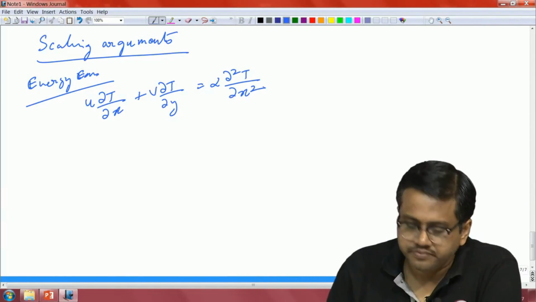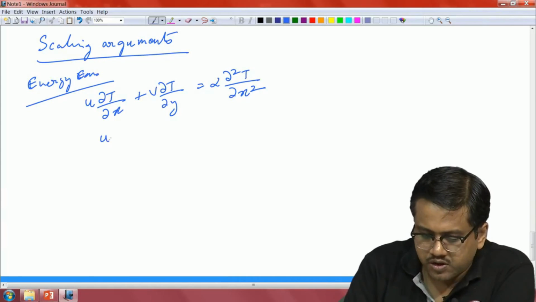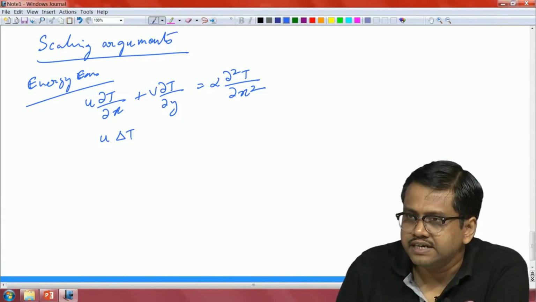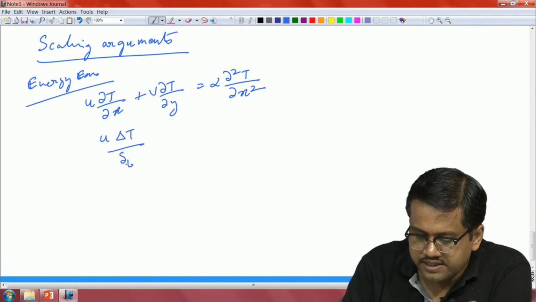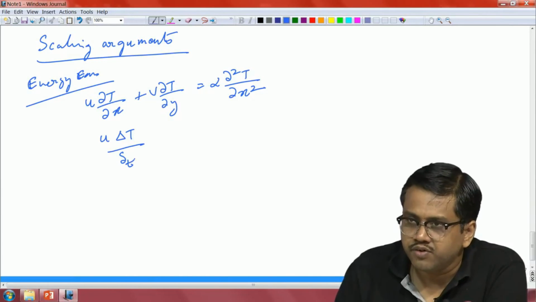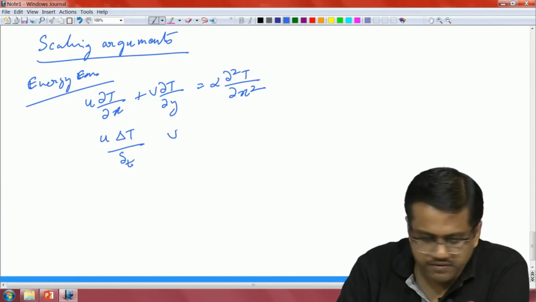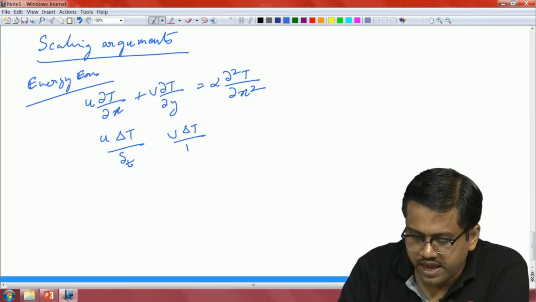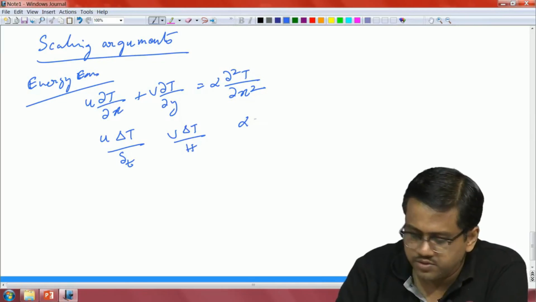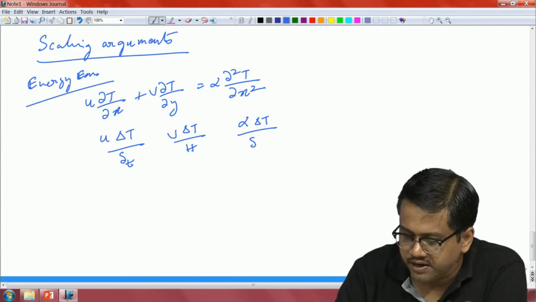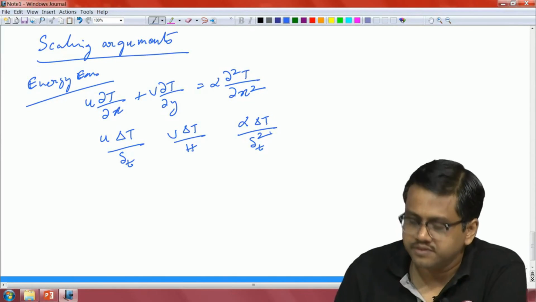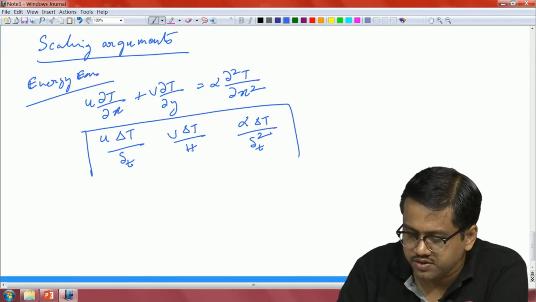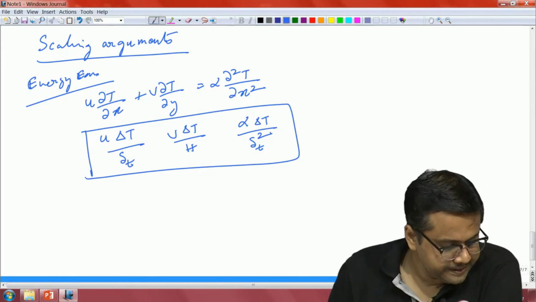Now, of course, delta T is given by that delta T, right. x scales as L, y scales as delta T, that we have already shown earlier, v scales as delta T by h, and this will be like delta T by delta T. These are the three expressions that you get.